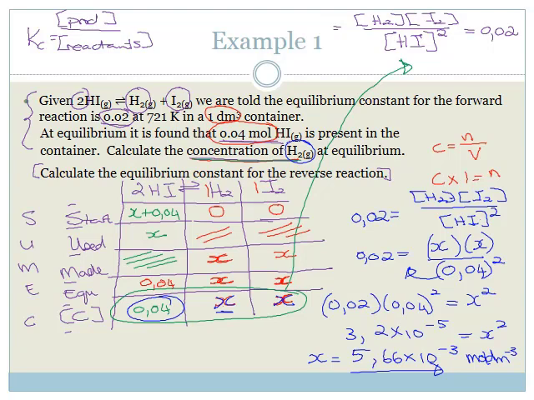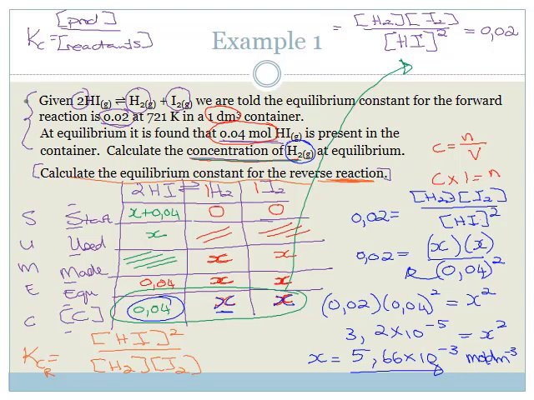Now let's look at the next part of the question. It says calculate the equilibrium constant for the reverse reaction. Do you agree that for the reverse reaction, Kc is going to be hydrogen iodide squared over hydrogen times iodine?